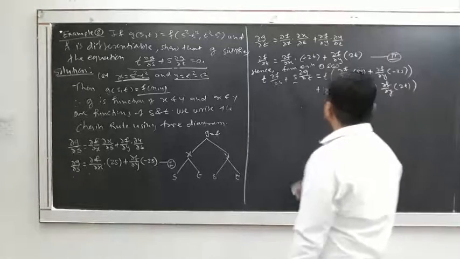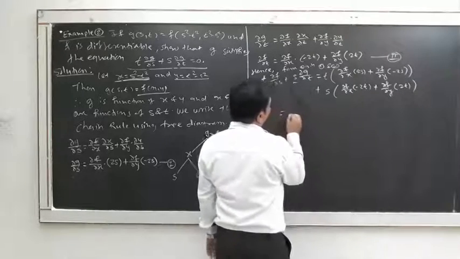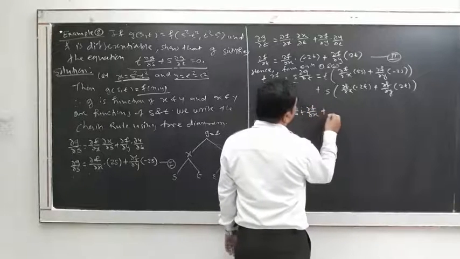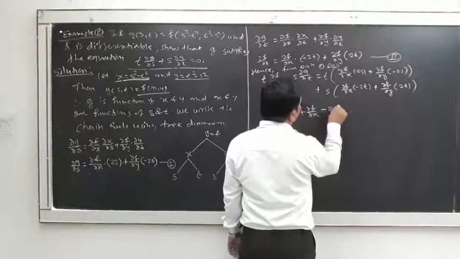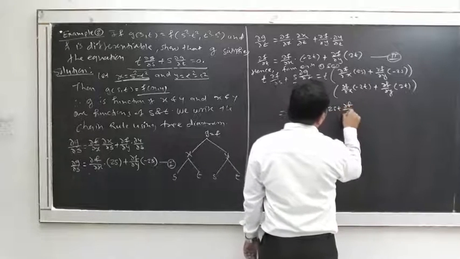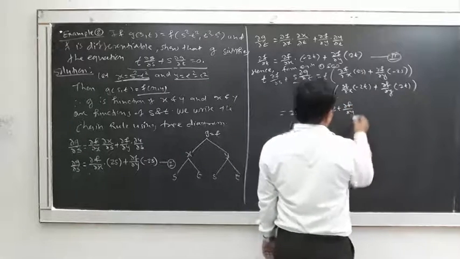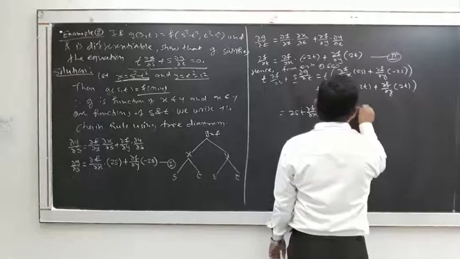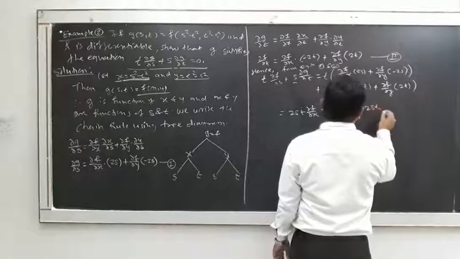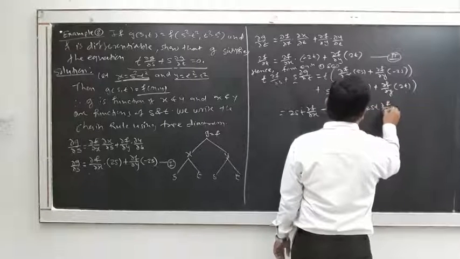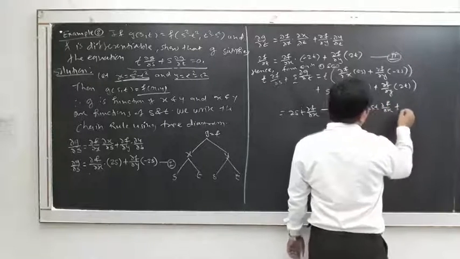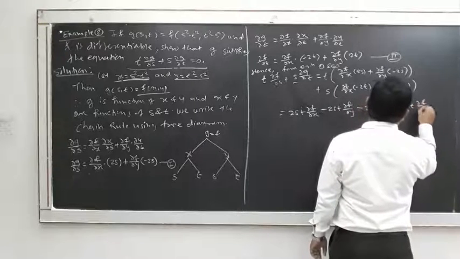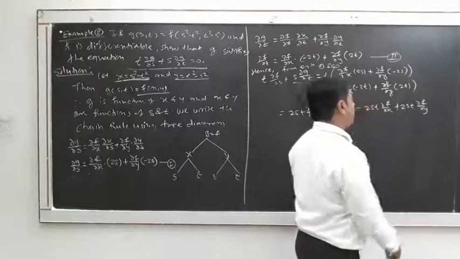Now solve this. What we are getting? 2st ∂f/∂x minus 2st ∂f/∂y, plus again minus 2st ∂f/∂x plus 2st ∂f/∂y.